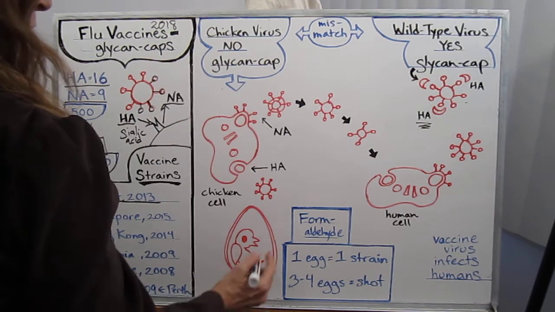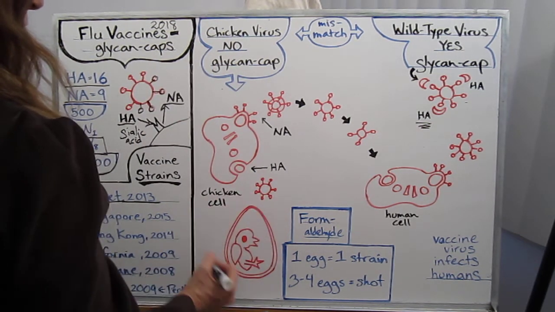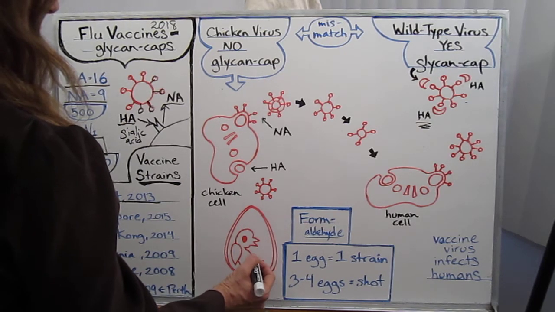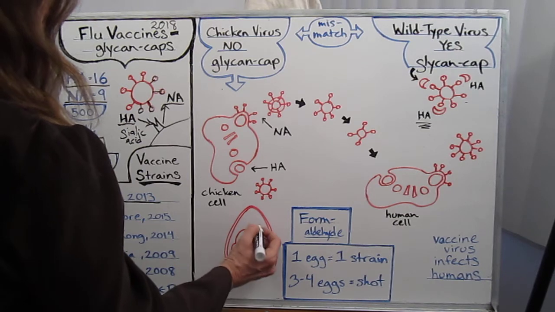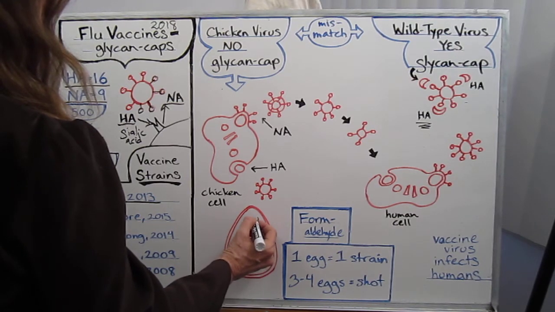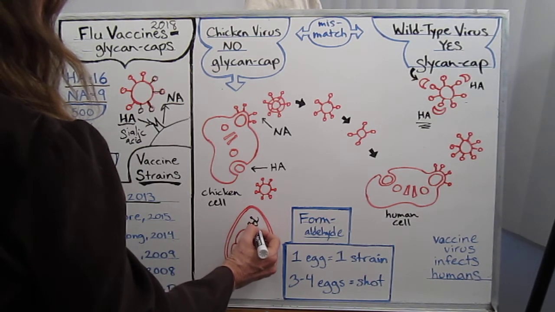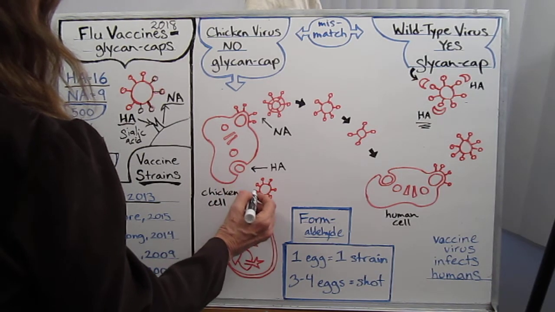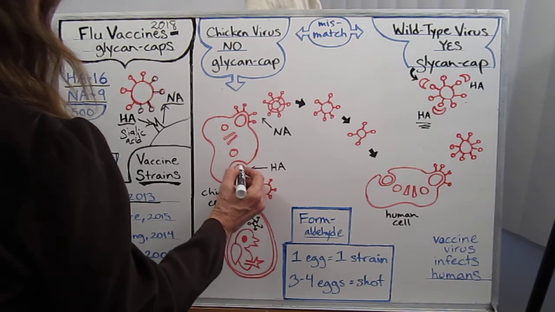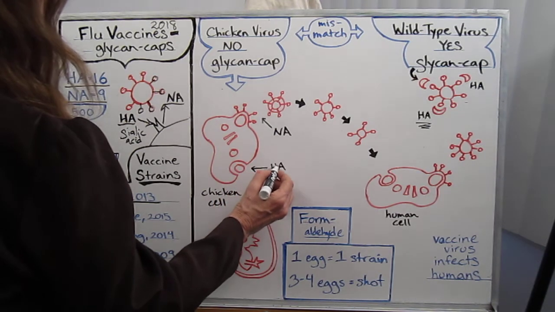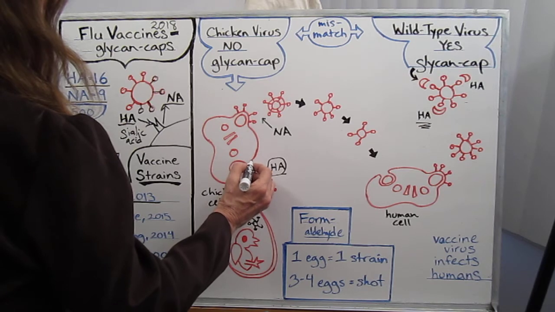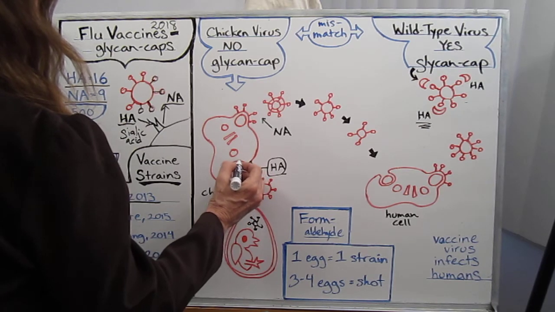For example, these viruses for the vaccines are grown inside of chicken eggs that have chicken fetuses in them. This is a chicken cell here. Here's the virus. It's going to dock on using HA onto the sialic acid to get into the cell.